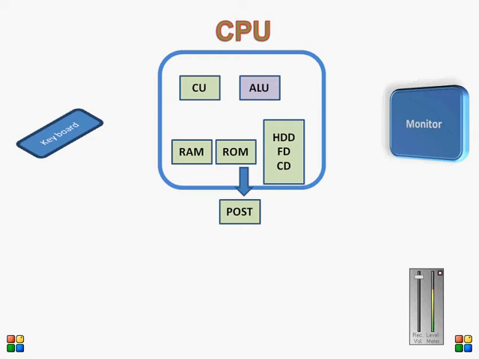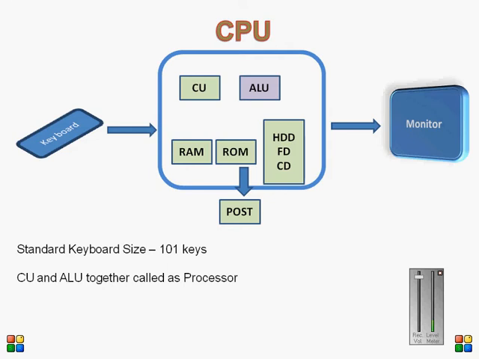So whenever an input is given from the keyboard, it is accepted by the CPU, and in the CPU the CU and ALU together called a processor will perform the task and the output will be displayed on the monitor in the required fashion. Any standard keyboard will have 101 keys, and the multimedia keyboard has more keys. The control unit and arithmetic logic unit together we call the processor.